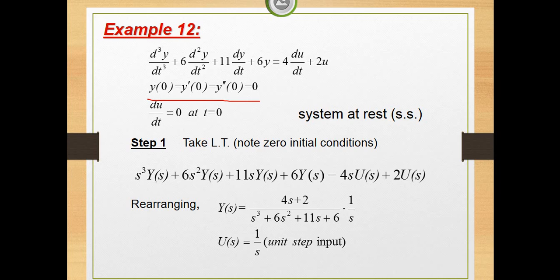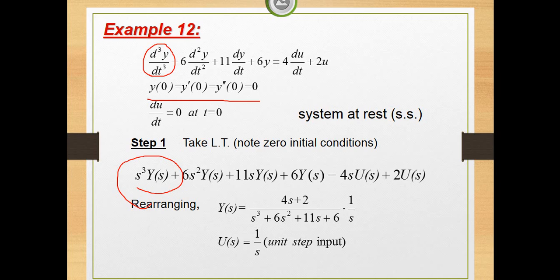If you invert the second derivative of y with respect to t, the same thing: it would be s squared y of s minus s y of 0 minus y prime of 0. Again, it's 0. So this one is just 6s squared y of s. This will be s y of s minus y of 0, which is also 0. So that leaves you with 11s y of s.